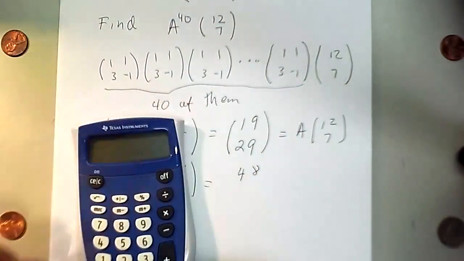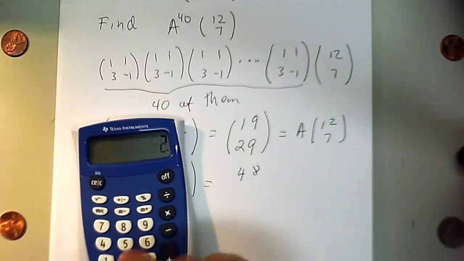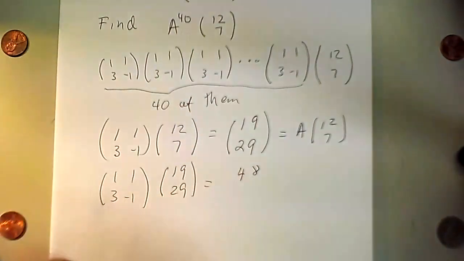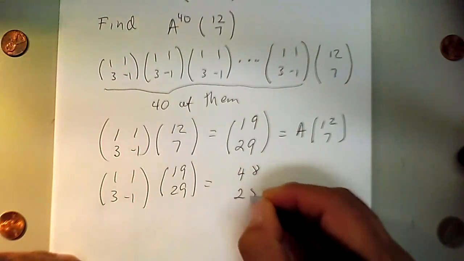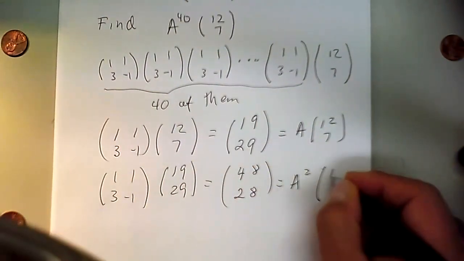Let me double check with this little calculator. 57 minus 29 is 28. So that would be A squared times 12, 7.